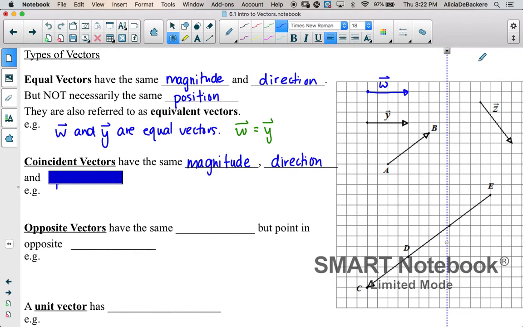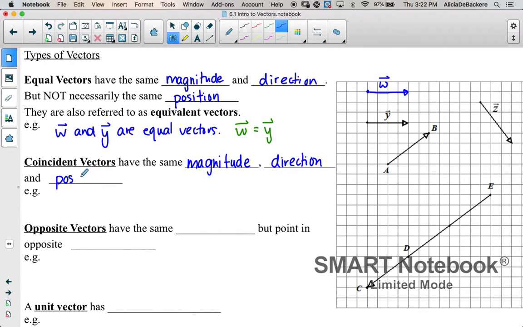So that means that they have the same length, the same angle, and they're actually on top of each other. So this time, if I wanted to draw a vector that was coincident with y, it would have to have the same length, and it would also have to be pointing to the right, same direction, but it would have to be right on top.